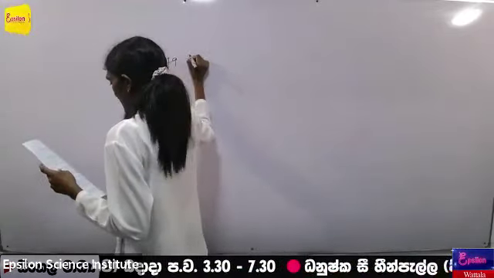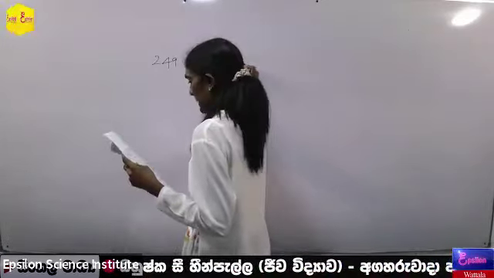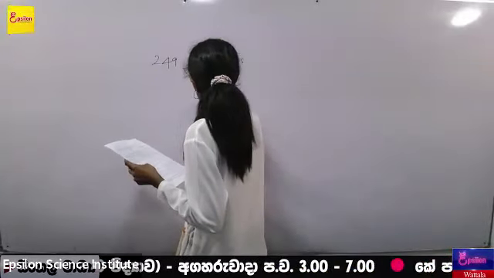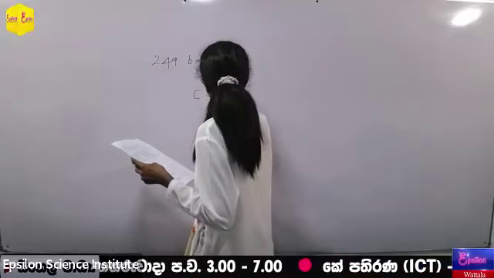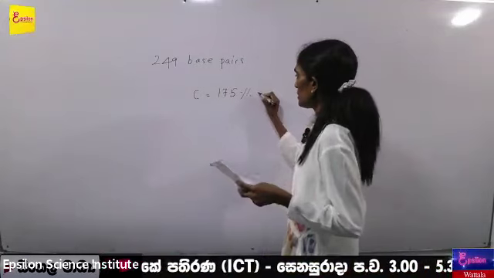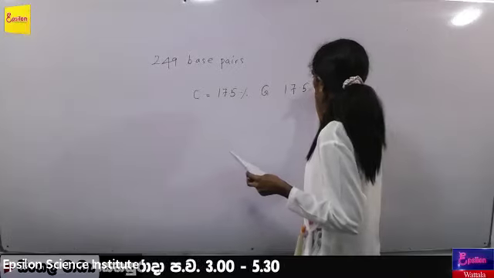249 base pairs are there. It says that cytosine is available 17.5%. Cytosine amount should be equal to guanine amount, so it is also 17.5%.